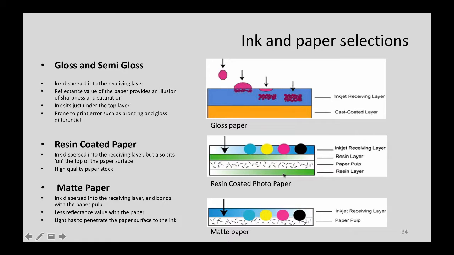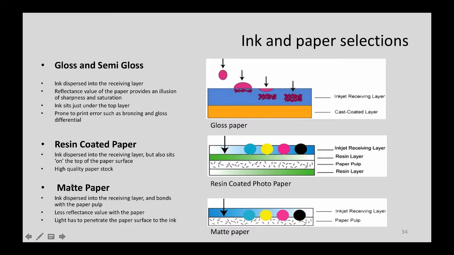So the resin coated paper is a professional grade of paper, and the ink does sit, so it's visible just on top of the receiving layer as well as saturated into the receiving layer.